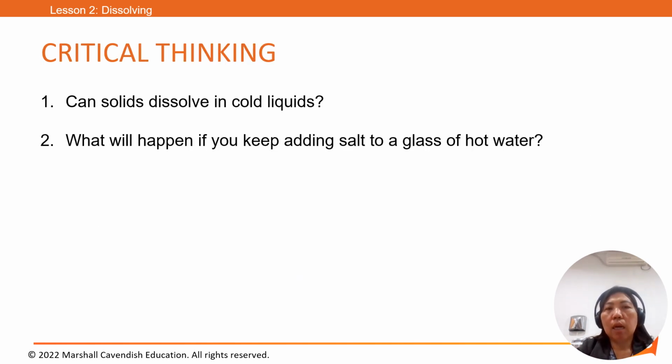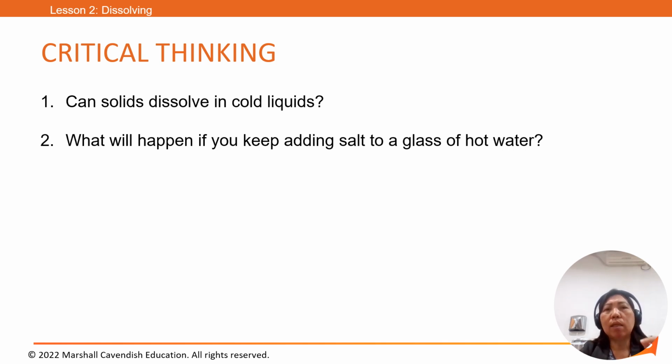Now, can solids dissolve in cold liquids? Imagine if you pour rock sugar into cold water and you stir it. Do you think the sugar can dissolve in cold liquids? Yes, probably yes.